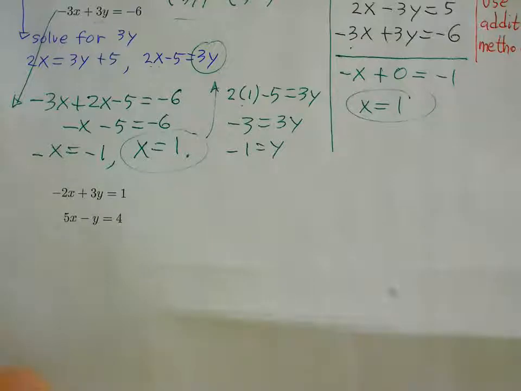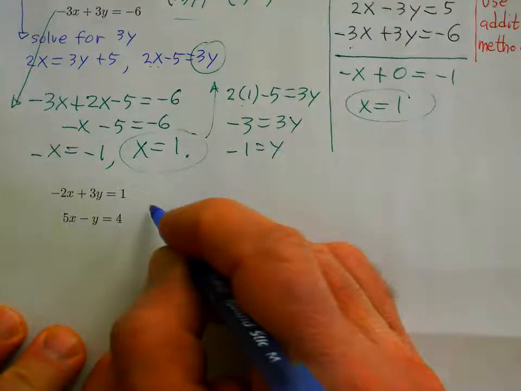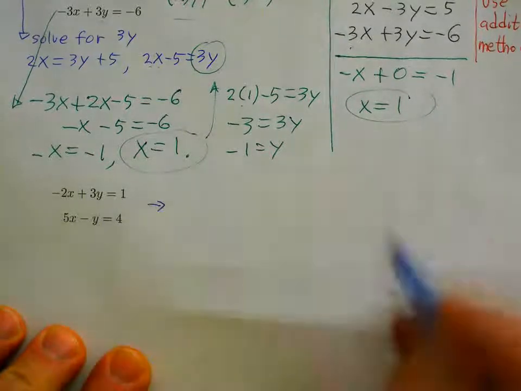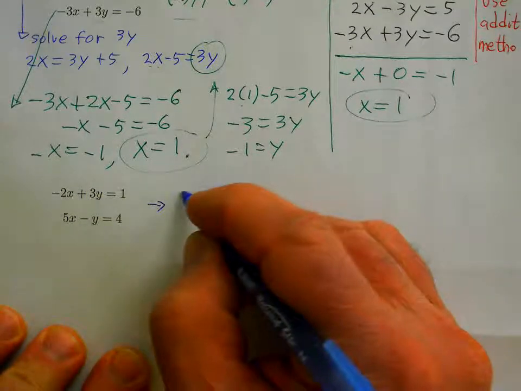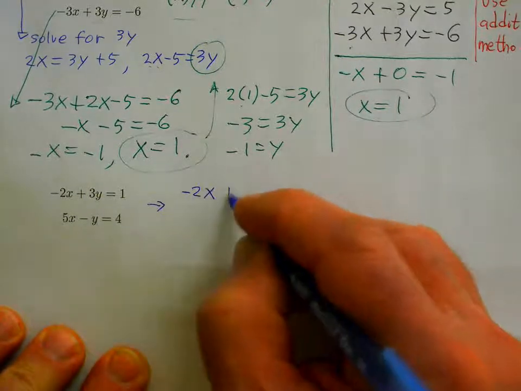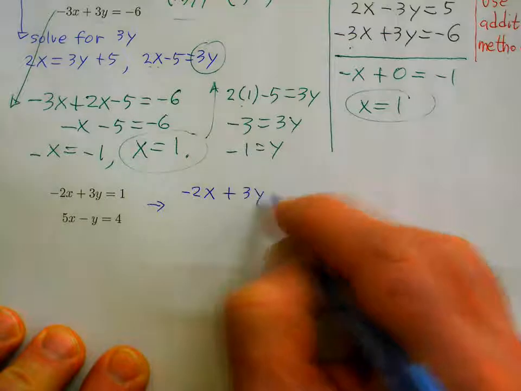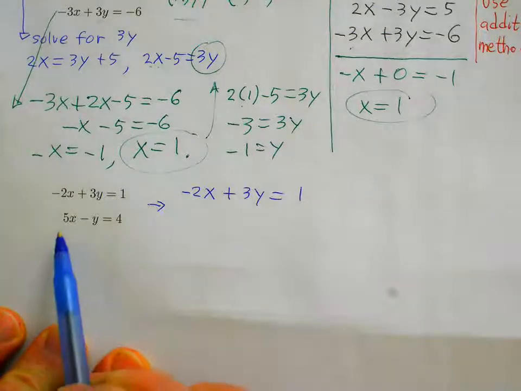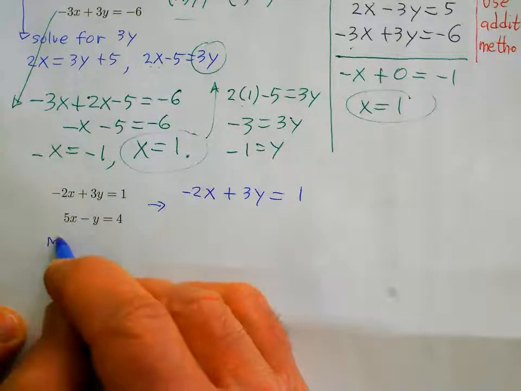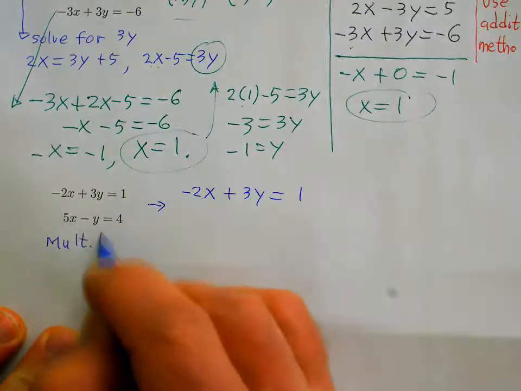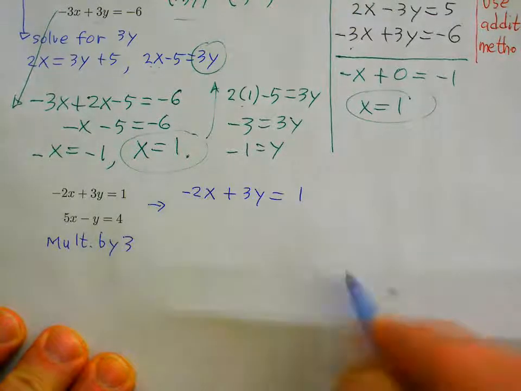Okay, we're just down to a few seconds. So if you use addition, what I would do, I would leave the top equation the same, negative 2x plus 3y equals 1, and then multiply every term on both sides of the bottom equation by positive 3.